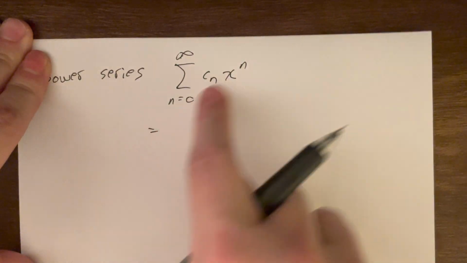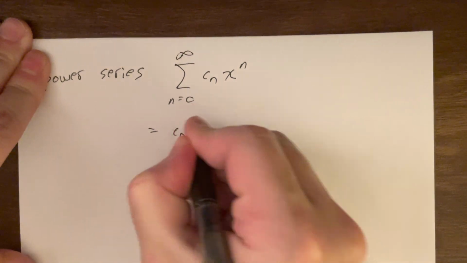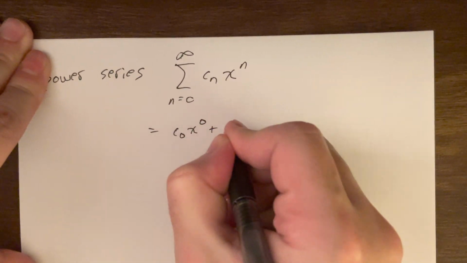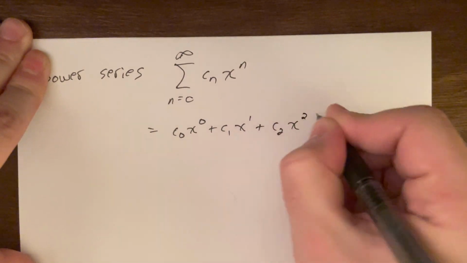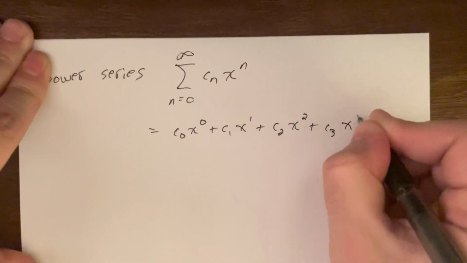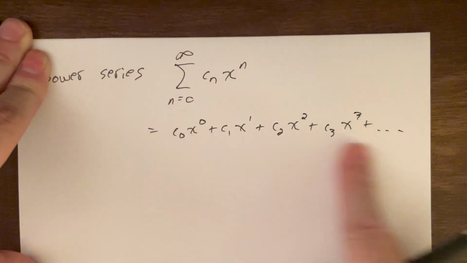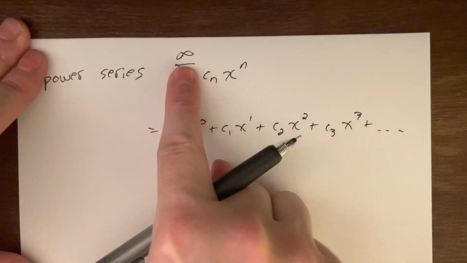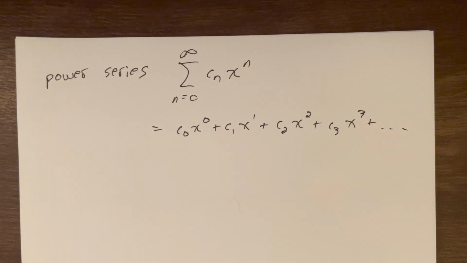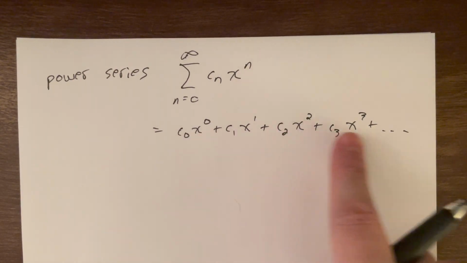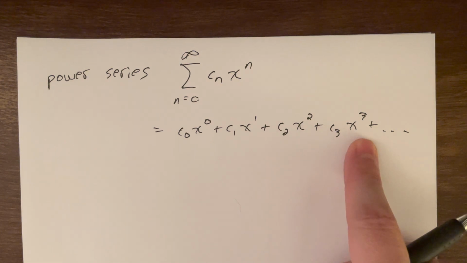So if I expand this, I would get c sub 0 x to the 0 power plus c sub 1 x to the first power, c sub 2 x squared, c sub 3 x cubed plus ... and this continues forever. It's still an infinite series. But as we saw on the first page, now we've got variable x mixed in our terms.